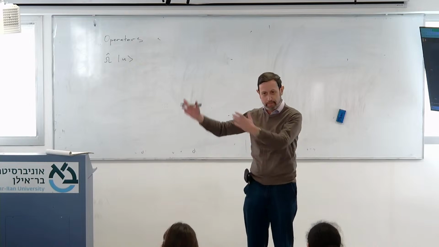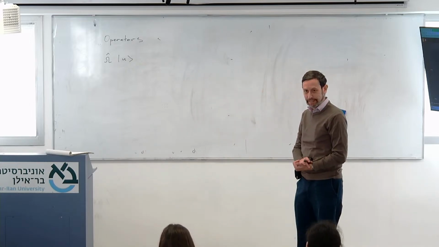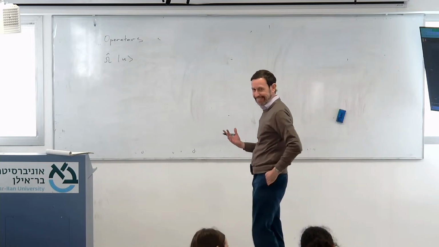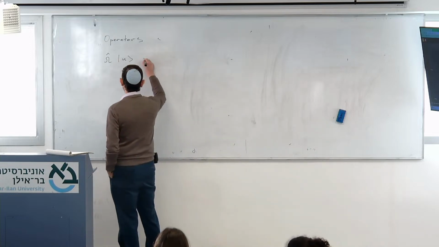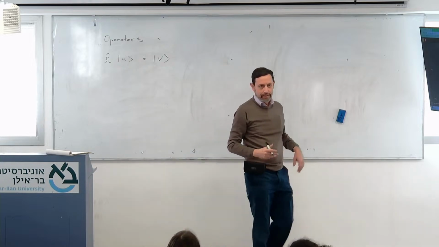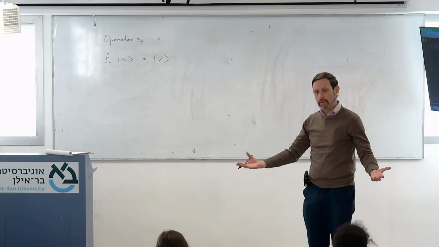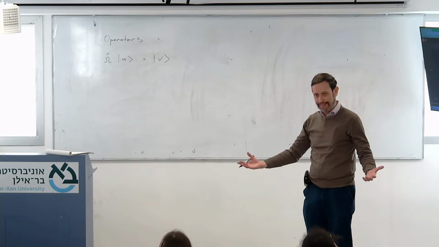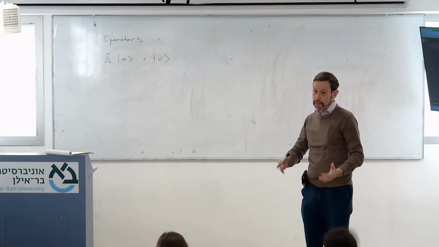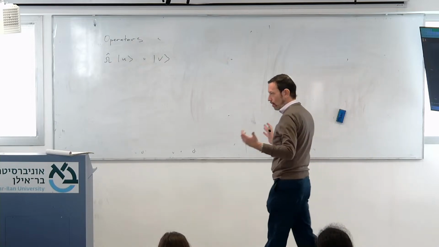I don't have to write matrices, vectors, it's much more compact. I didn't even show you yet that an operator is a matrix. But in the general language, this is an operator. The only important thing is that it doesn't get you out of your original space. You act on a vector with n components, you get a different vector, but still with n components. That's all I need to know about it.